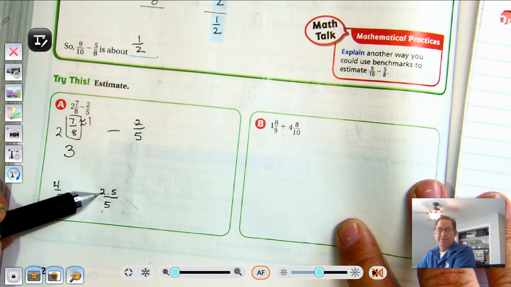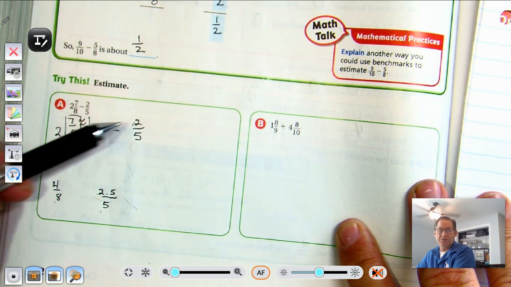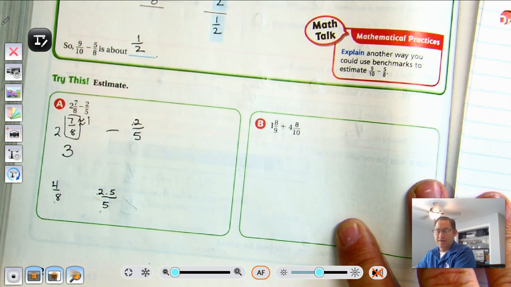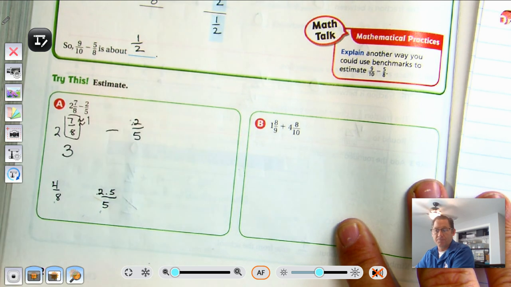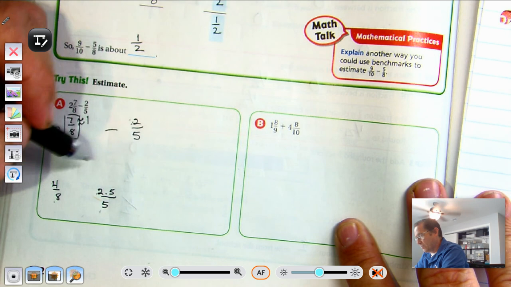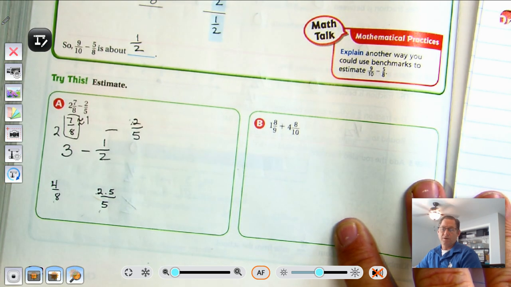It's closer to 2.5 than it is to 0. To go from 2 back to 0, I jump twice. To go from 2 to 2.5, I only have to go half a space. So I'm going to round 2/5 to 1/2. So what is 3 take away a half? 2.5.